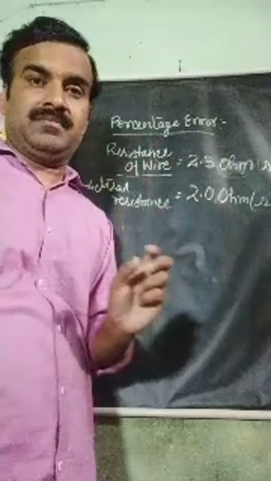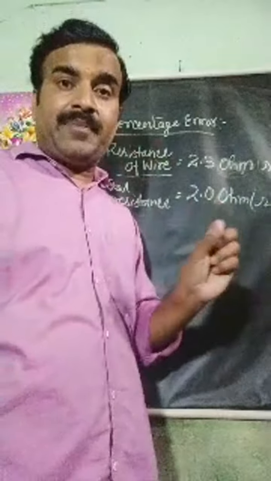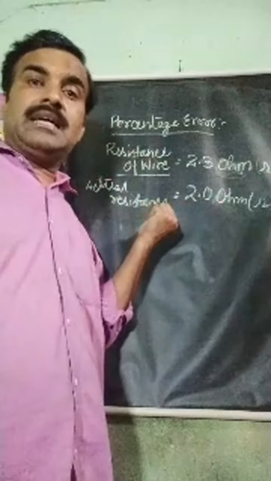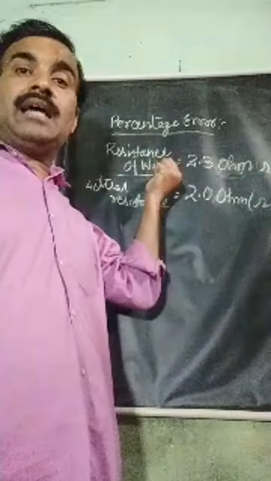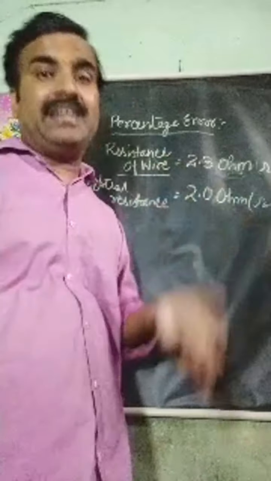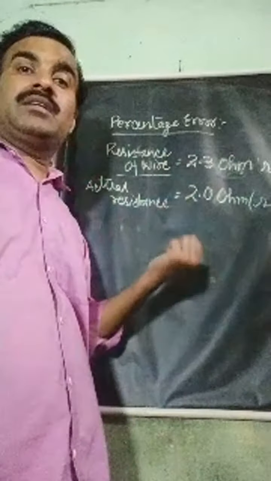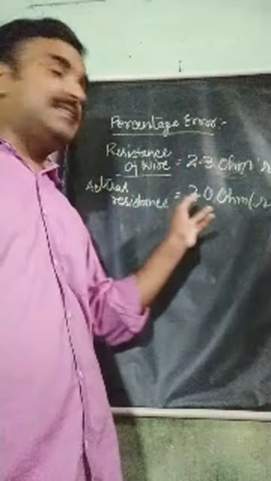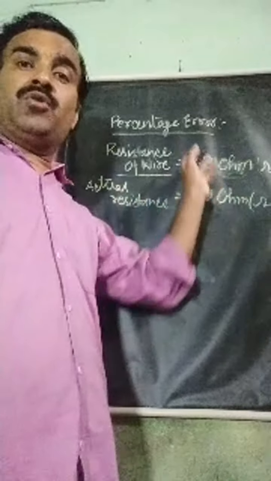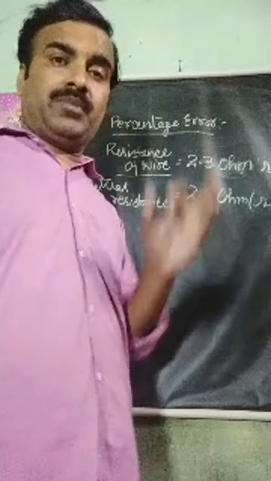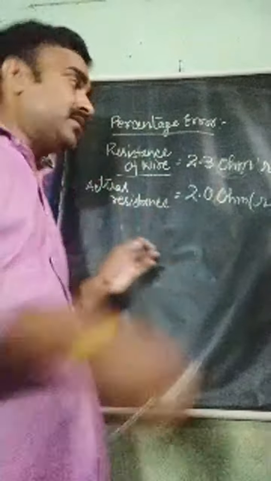The below one is the given resistance, and the above one is the resistance of the wire that we experimentally got. So we are getting 2.3 ohm, and this one is the actual resistance. Now if we want to calculate the percentage error, easily we can calculate it on the basis of both the things.